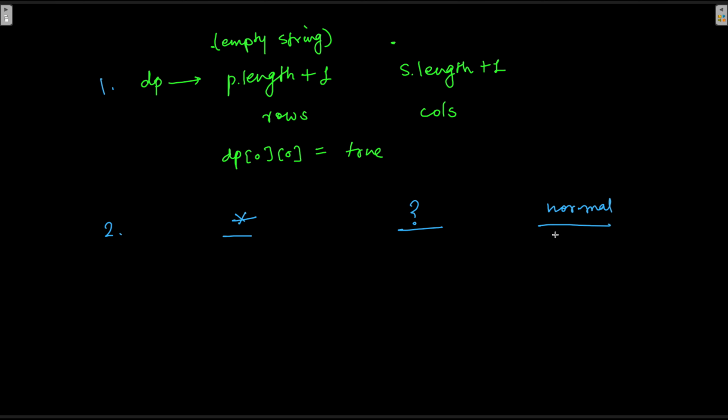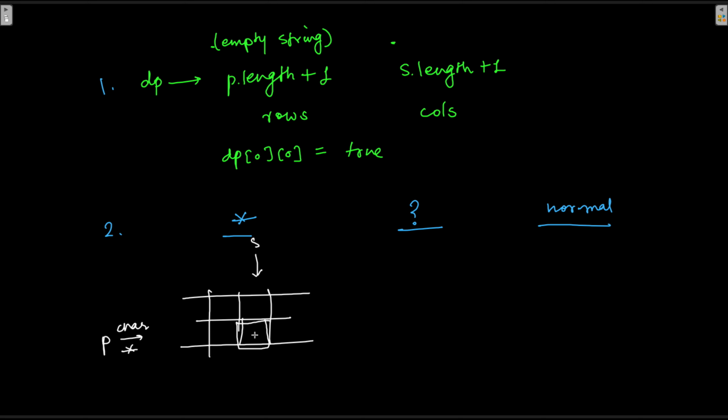So let us see. This is our DP array. Something like this. And let's say that this is the current P character, current character from the pattern, and this is the current character from string, and we are here. And what we found is the current pattern is asterisk. If it is asterisk, then this is true by default. So we go back, which means asterisk is always going to match whatever there in the current character of S, right?